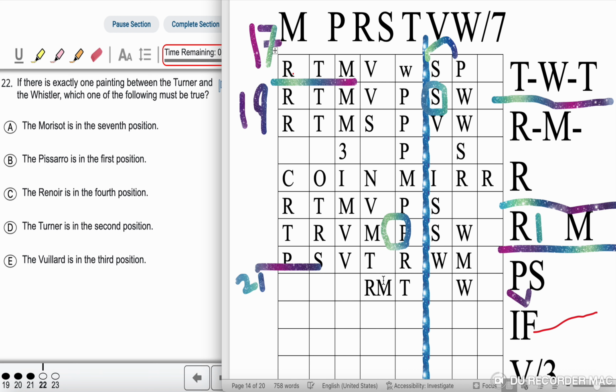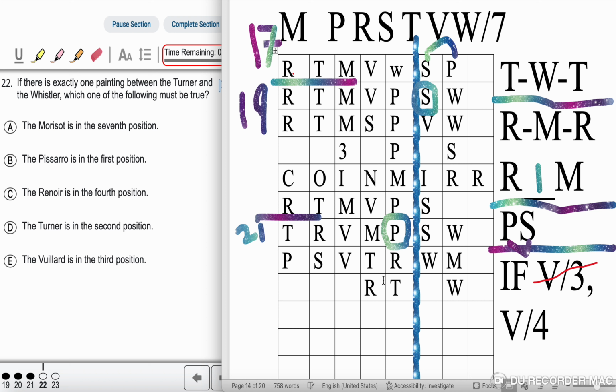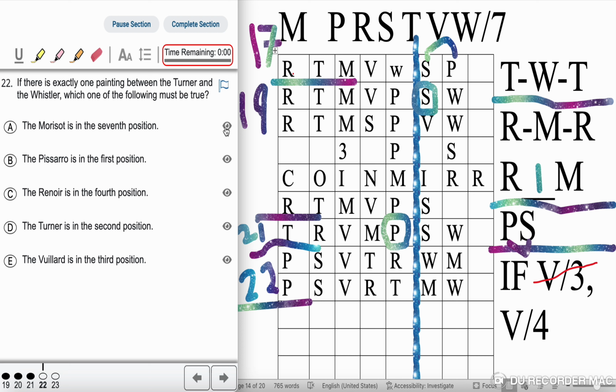So with that being said, we can actually see an opportunity for the letter M to be in the 6th position, and you can tell from there that it doesn't have to be true, because in the second world created, it's in the 6th position. So let me go ahead and organize this real quickly. Now that we created a second world, we see that that's not necessarily must be true, because it could be in the 6th. Go ahead and remove that one.